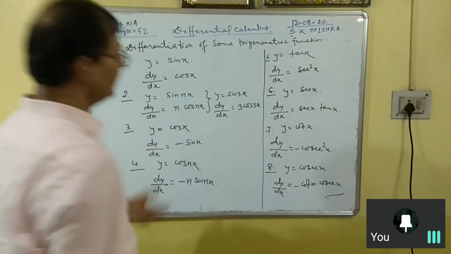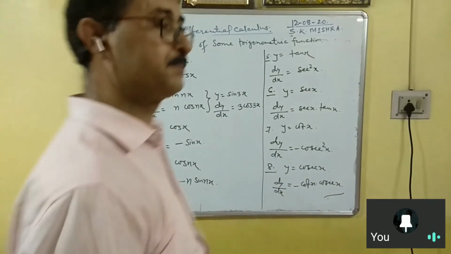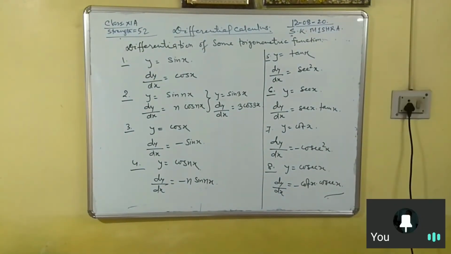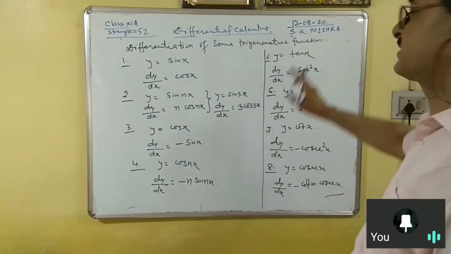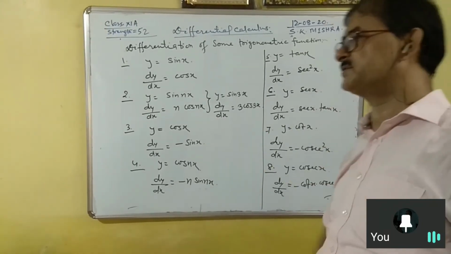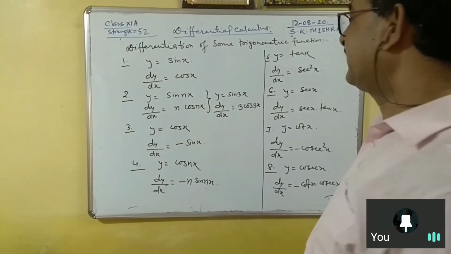So these 7-8 formulas you have to keep in mind. Most of the time sin, cos and tan are used, and sec, cot and cosec are rarely used. So just keep sin, cos, tan in mind.